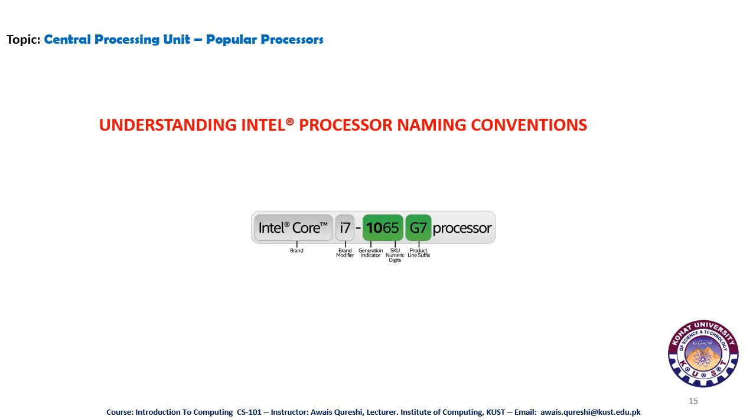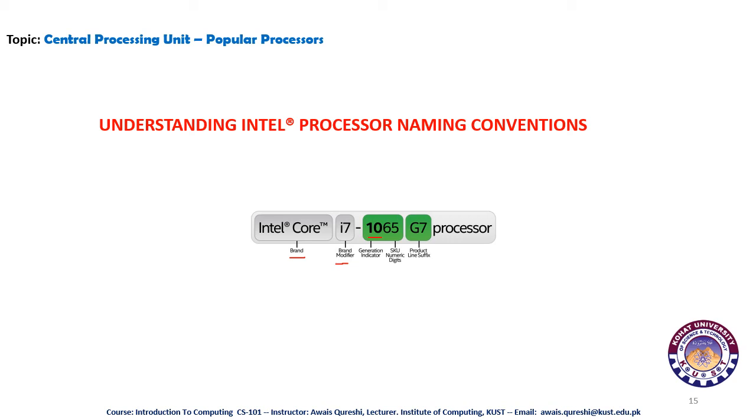So let's try to understand the naming convention of the Intel processor. As you can see, in the initial segment, this is the Intel brand name, which is called Intel Core. This is registered, for the trademark, and this is the brand modifier. After the dash, the first digit states the generation indicator.